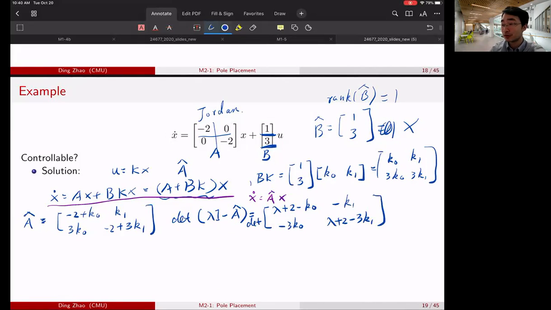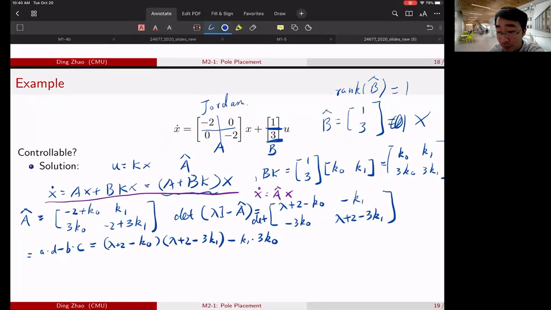Now, how to compute the determinant of 2 by 2? That will be a times d minus b times c, right? So that will equal lambda plus 2 minus k0, lambda plus 2 minus 3k1, minus k1 times 3 minus 3k0.